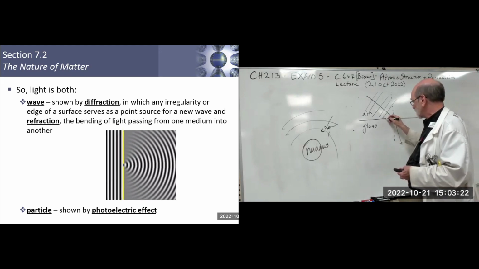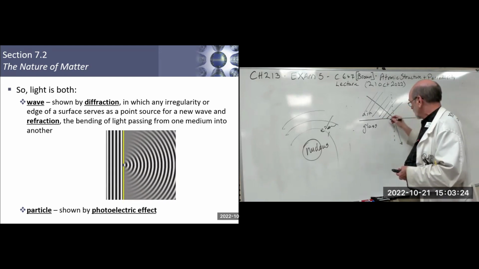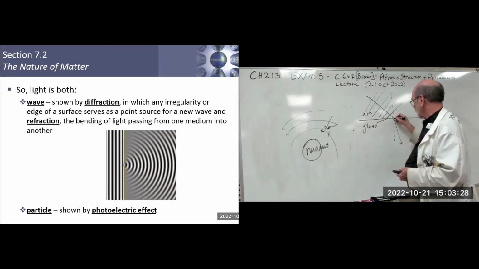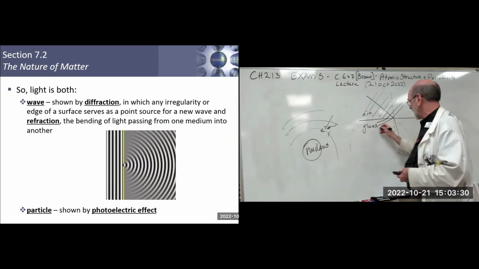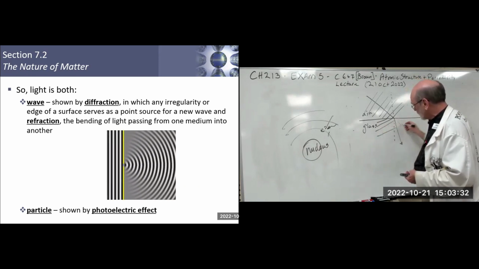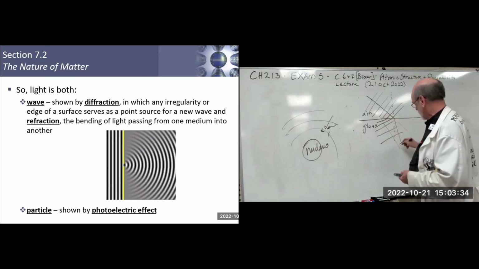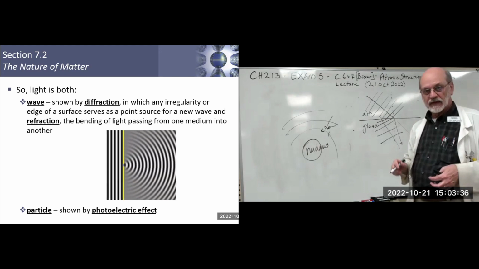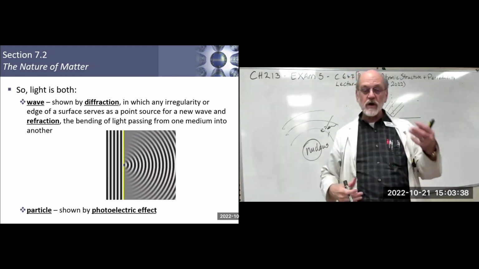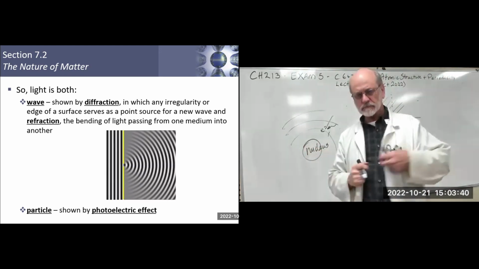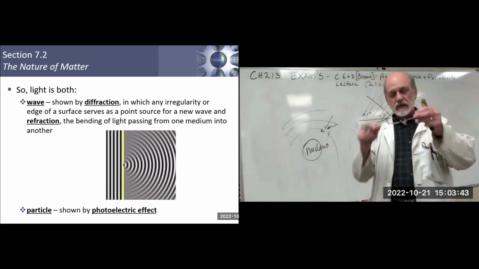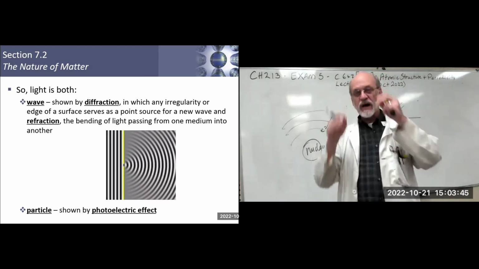Right? So instead of coming out like this, it comes out like that. And then the next wave may come along like this, and it comes like that. So eventually, you get the wave changing directions, right? Like that. That's characteristic of a wave, and it's called refraction. And it's what makes corrective lenses possible.